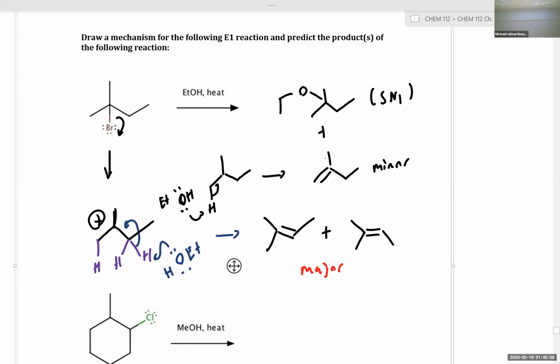SN2 reactions are slowest as substitution increases. So in general, you see SN1 at tertiary carbons and SN2 at primary carbons. The carbocation intermediate is the key intermediate for the SN1 reaction, and in fact, the SN1 reaction is fastest for tertiary carbons. Did that clarify your question?